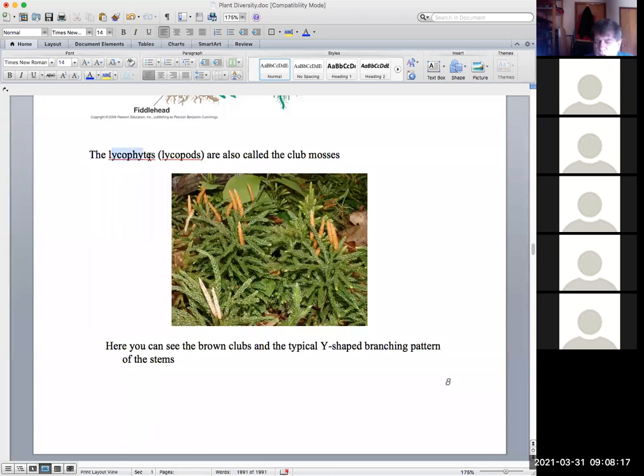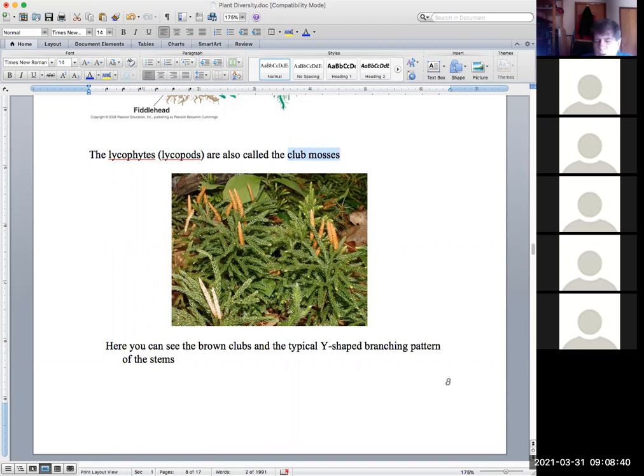One group is called lycophytes or lycopods. Phyte just means plant. Remember when we talked about protists, we had chlorophytes and charophytes. They were photosynthetic, they weren't plants. These organisms, these plants, are also called club mosses.